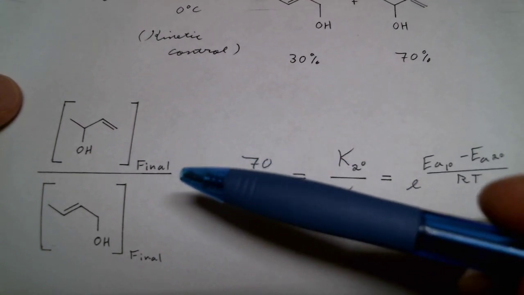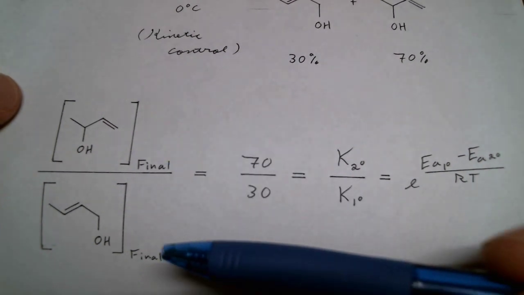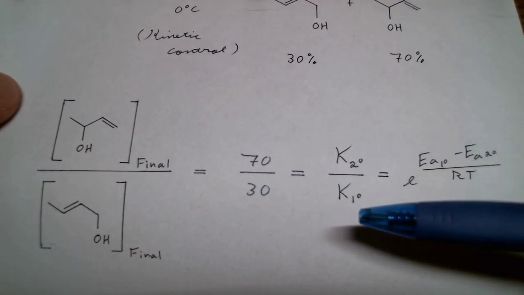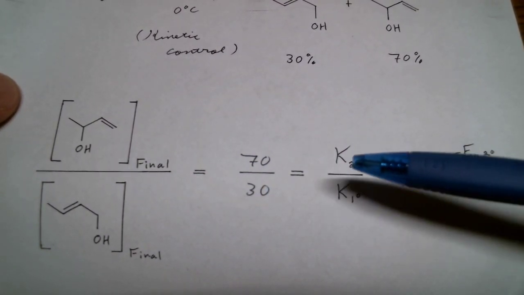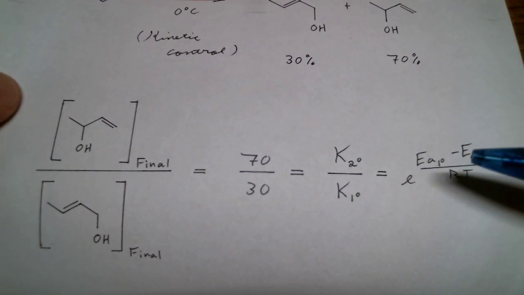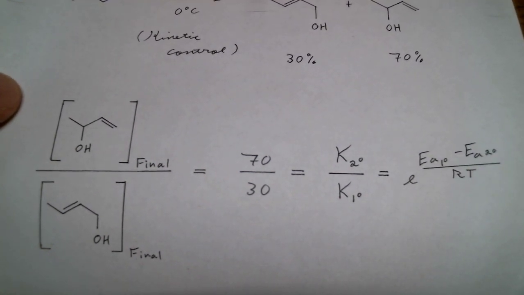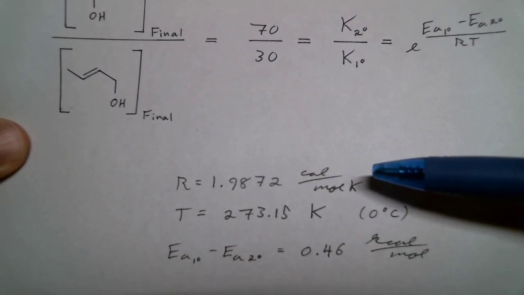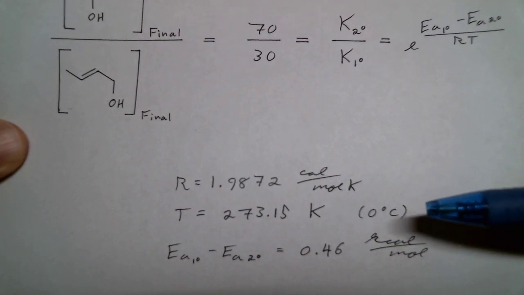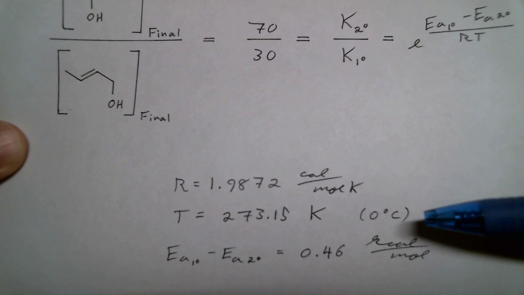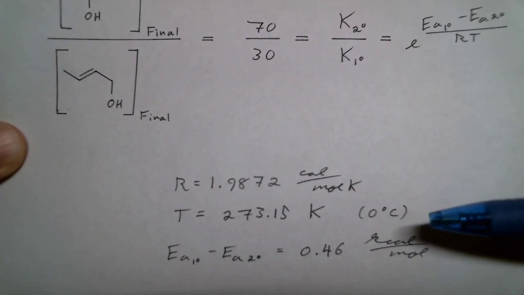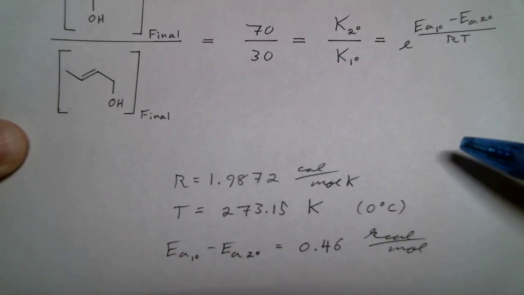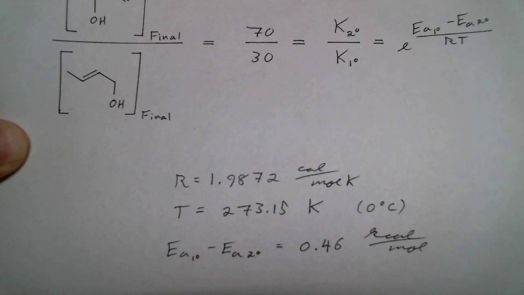So the final secondary allylic alcohol concentration to the final primary allylic alcohol concentration, 70 to 30, is about the ratio of those reaction rate constants, which equals e to the difference in activation energy over RT for the process. And you could, at 0 degrees, calculate that out knowing what R is, 1.9872 cals per mole K, and temperature is 273.15 Kelvin at 0 degrees C. That difference in activation energy is really small, 0.46 kcals per mole, but wow, it gives us a 70-30 distribution, right?